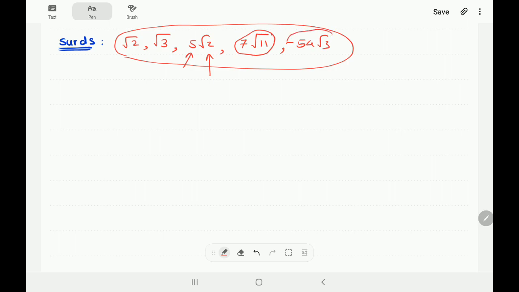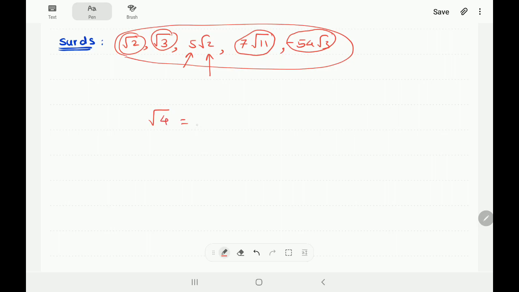We call this expression a surd. This is even a surd. This is even a surd. Clear? Got the point? Surd means something irrational, an irrational number under root. The numbers which have got a root in them, we call that a surd. You may say, okay, if that is a surd, then root 4 is a surd.